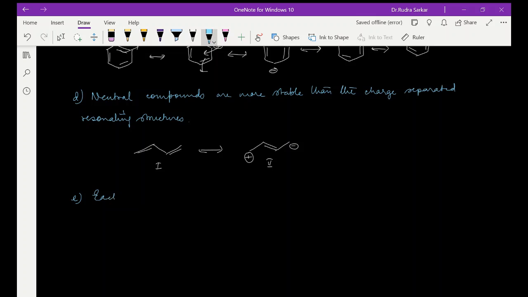Each resonating structure must have the same number of unpaired and paired electrons.